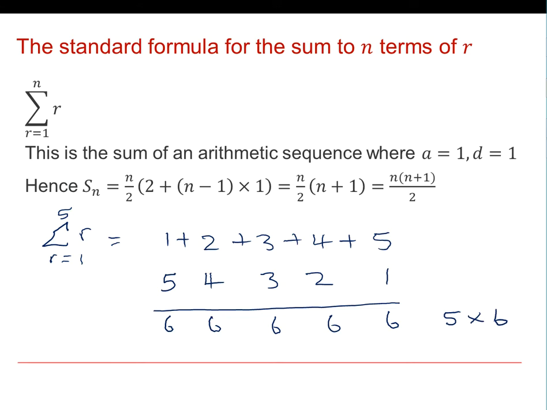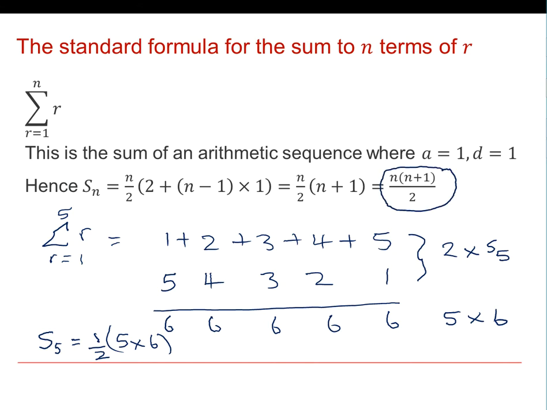But of course, we have twice as much as we actually want there. Therefore, if we just want S5, we would just have to halve the 5 times 6. When we generalise this, you can see that's where we get S n equals n times n plus 1 over 2 from.